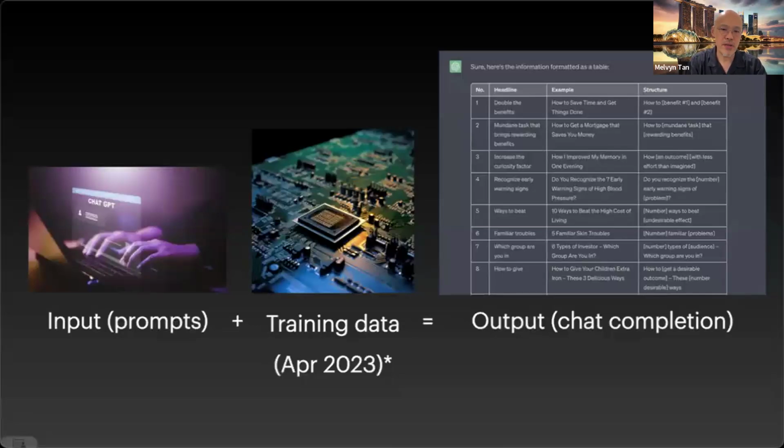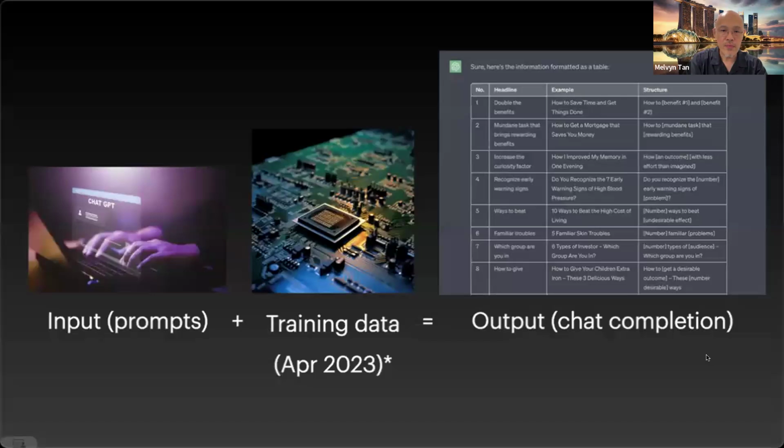The reason is that the training data doesn't contain that information. And that's why, no matter how good your prompts are, if it's not in the training data, you can't get it out of ChatGPT. So friends, I'd like you to be very familiar with this because there are two parts to it. One is the input that you put in, but the other is the data that it has been trained with.